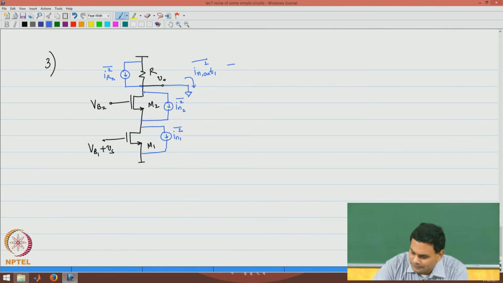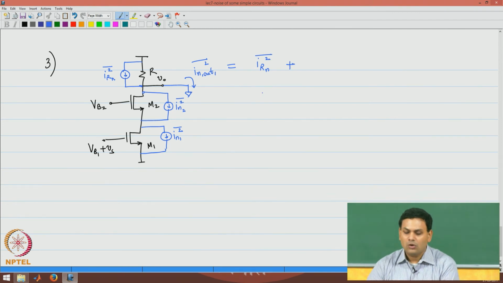So in fact I will write down the 3 components here. Now we need a small change in notation.